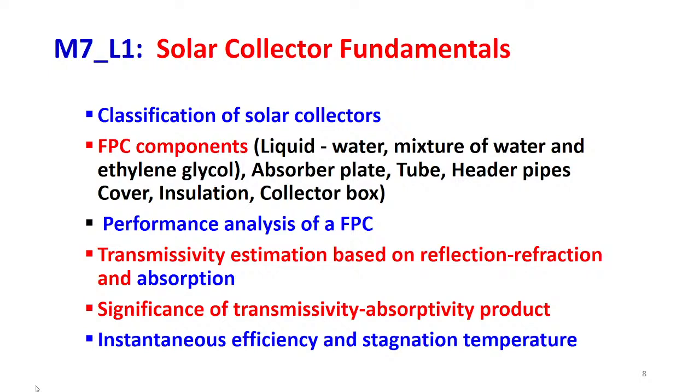We also studied the significance of the transmissivity absorptivity product. And finally we have also analyzed the instantaneous efficiency and stagnation temperature and how these two parameters are essential in terms of design of flat plate collector.